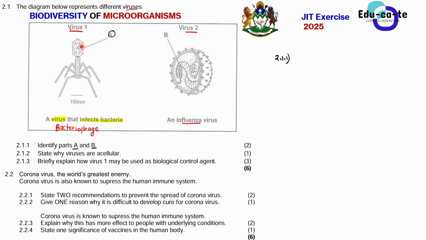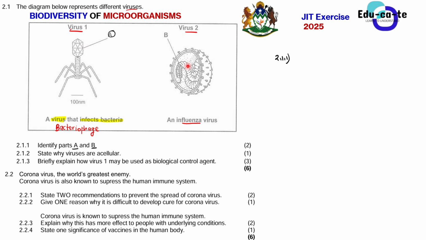This head, or this structure of a bacteriophage, is known as the protein shield. A bacteriophage is a virus that has some DNA inside it, right? Surrounding this DNA is this structure, structure A. So this structure A is known as a protein shield.